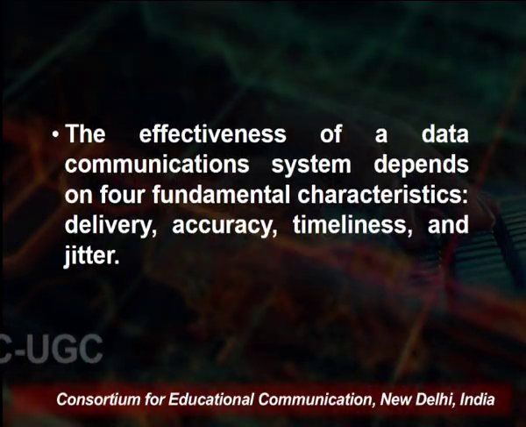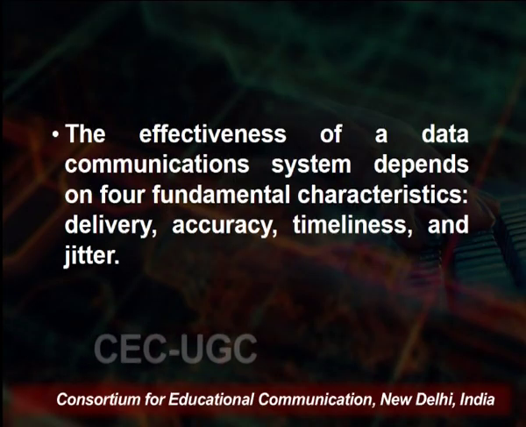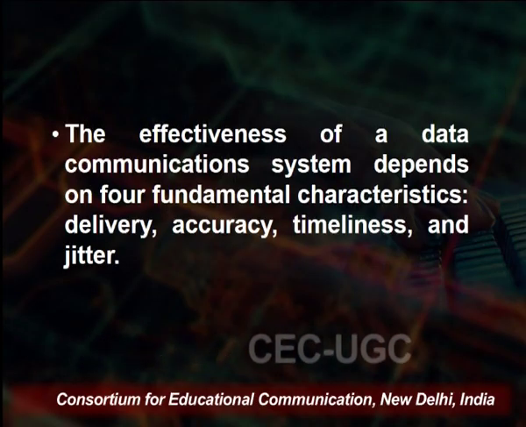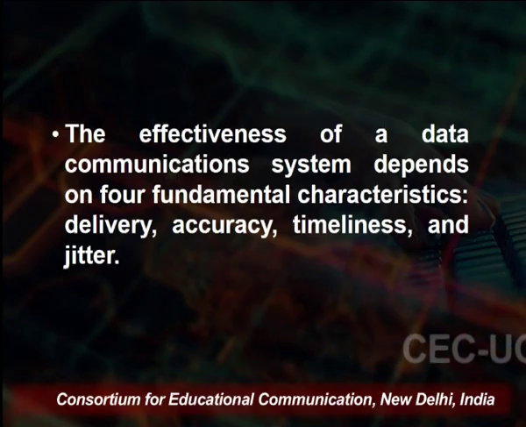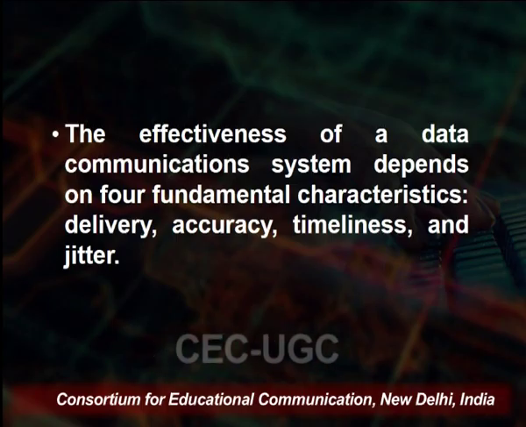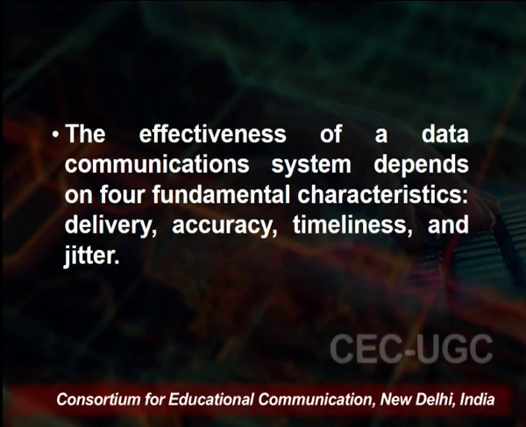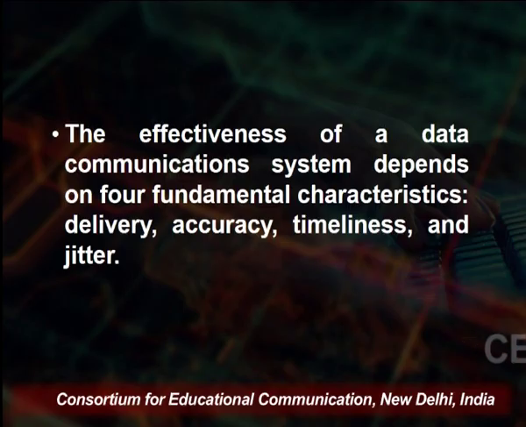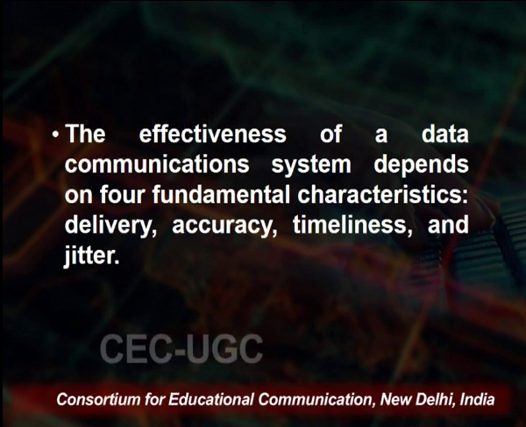There are 4 fundamental characteristics which are the parameters for the effectiveness of a data communication system: first is delivery, next is accuracy, third is timeliness, and fourth is jitter.